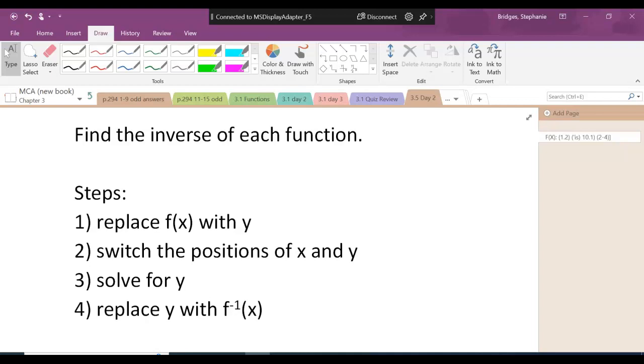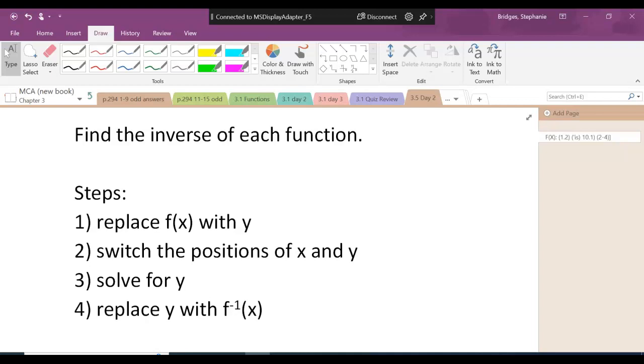Then after you switch the positions of x and y, you're going to solve that equation for y. And then once you get that equation solved for y, you're going to replace that y with the f inverse of x notation.